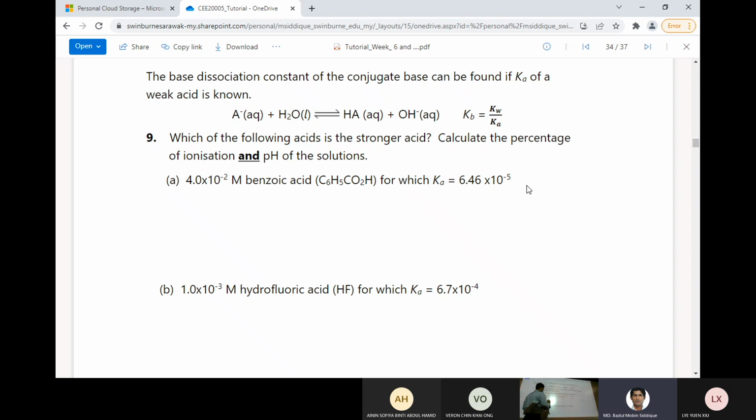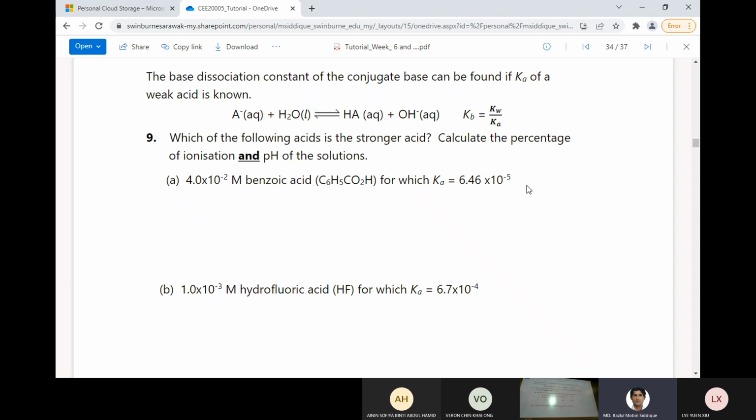Okay, and then if X amount has been dissociated, the same amount should be produced here. So plus X. This sign in front of them is quite important. If you make a mistake in this sign, your whole calculation will be wrong. Okay, so an X amount has been produced. That's right.